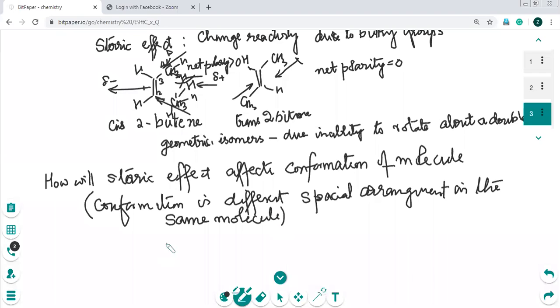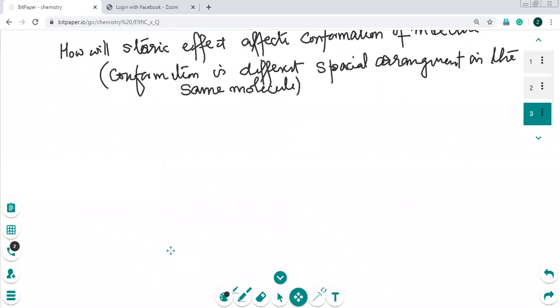Look at butane. Look at simple butane molecule. Let me draw the butane. CH3, CH2, CH2, CH3. Now, if you look along the C2, this is 1, this is 2, this is 3, this is 4.